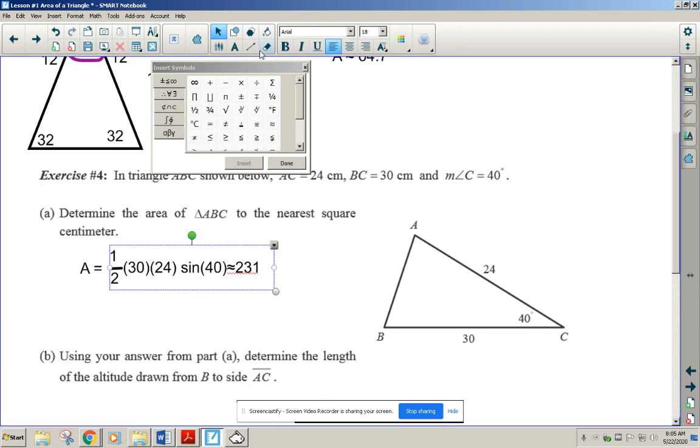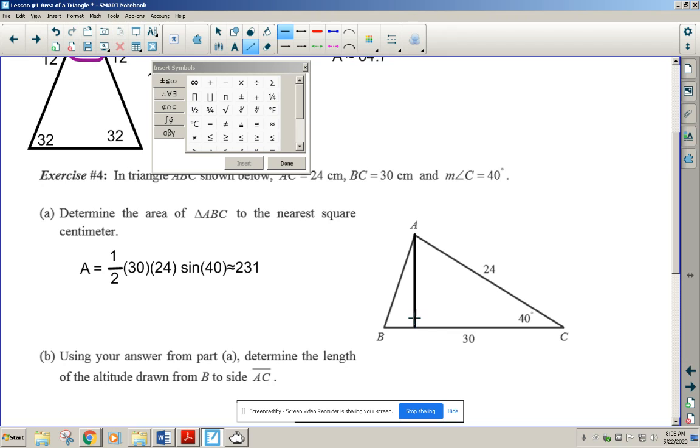So now, if I wanted the altitude of this triangle, I can use anything. I can use the sine of 40 is opposite to the hypotenuse. I can use the cosine of 40 is adjacent to the hypotenuse. Either one, but I'll use sine just to be consistent.